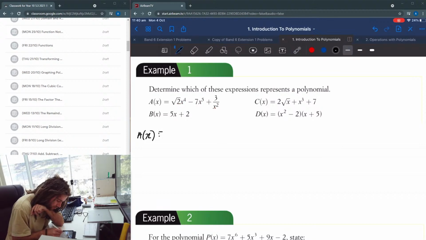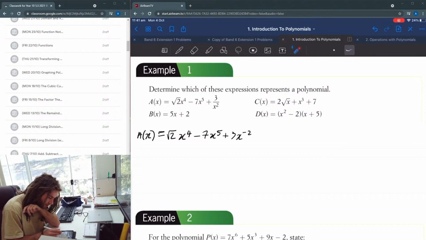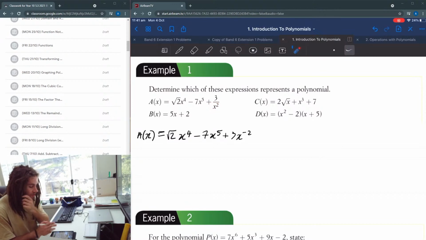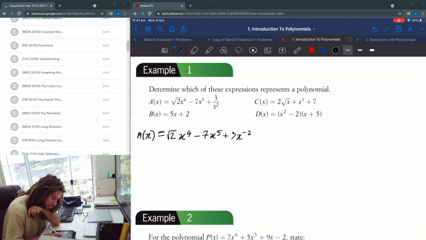So you can rewrite this as, and it looks weird because there's this surd here, but just remember a surd's a number, so it doesn't really matter what it is. So that's root 2 x to the 4 minus 7x to the 5 plus 3x to the minus 2. So there's a way of rewriting it to make sure that this isn't on the bottom of a fraction, and just by that I can determine that because that's a negative power, it's not a polynomial.